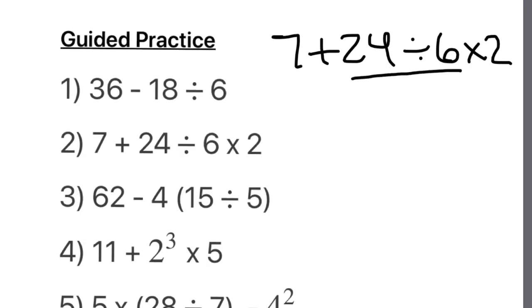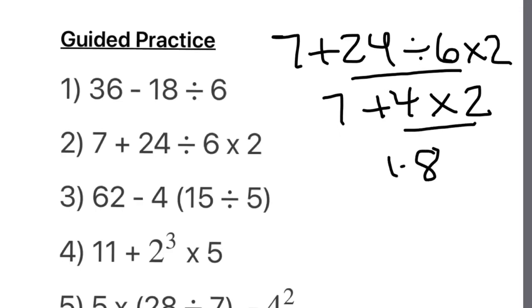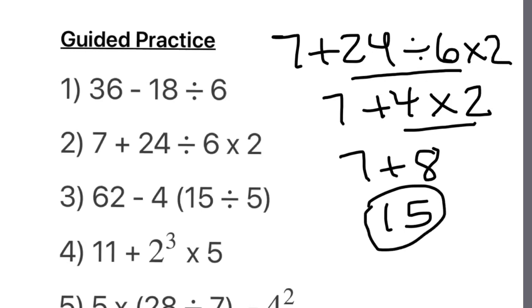So I have 24 divided by 6, which is 4. I'm going to copy everything else and bring it down. Then I see multiplication. 4 times 2 is 8. And then I'm adding 7. 7 plus 8 is 15. Hopefully we all got 15. Let's pause the video and try number 3 on our desk now.